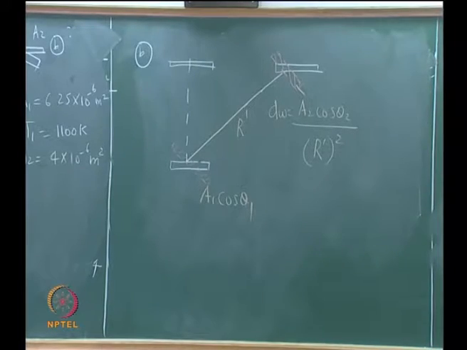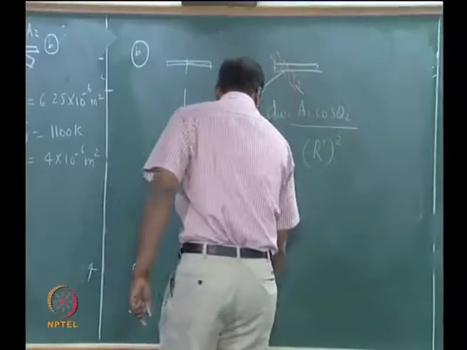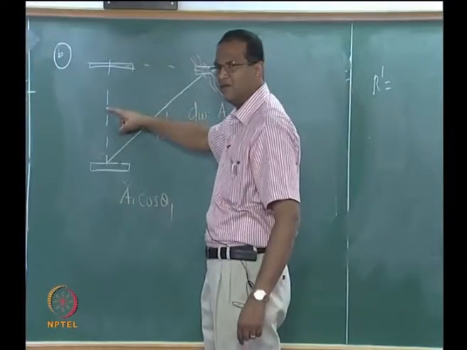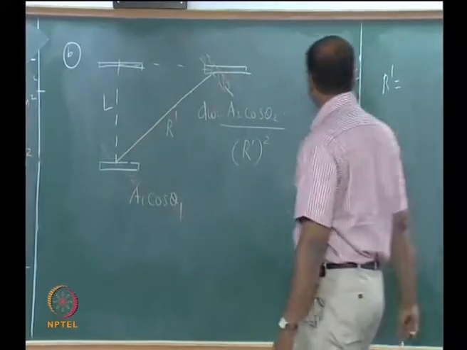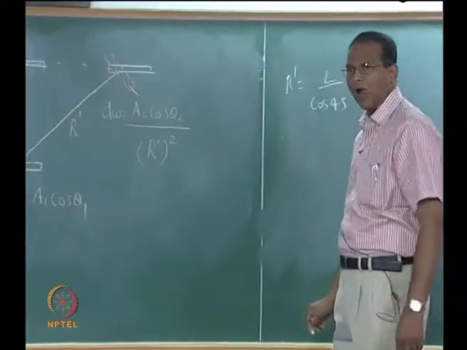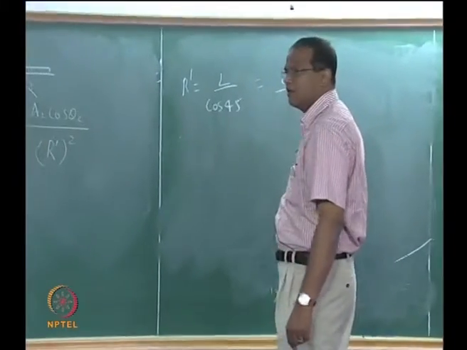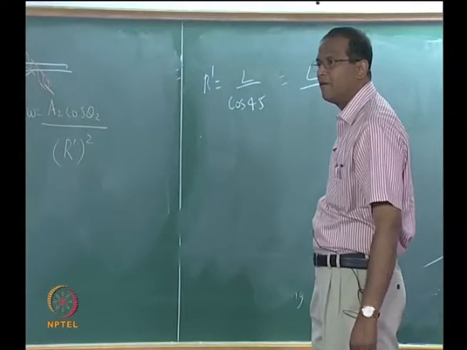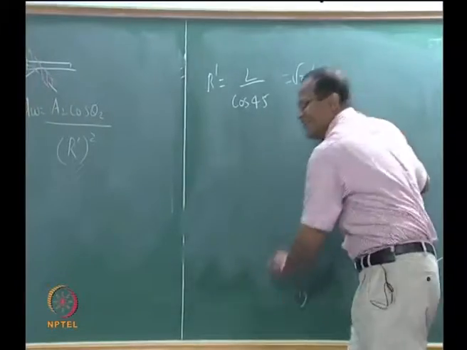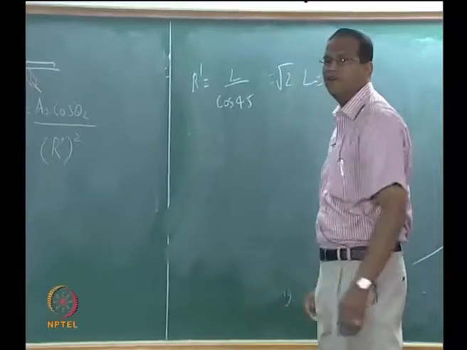Is it okay? Now first we have to get the r dash. Did we call it L? Doesn't matter. It is 1 by root 2, root 2 L, 0.566.